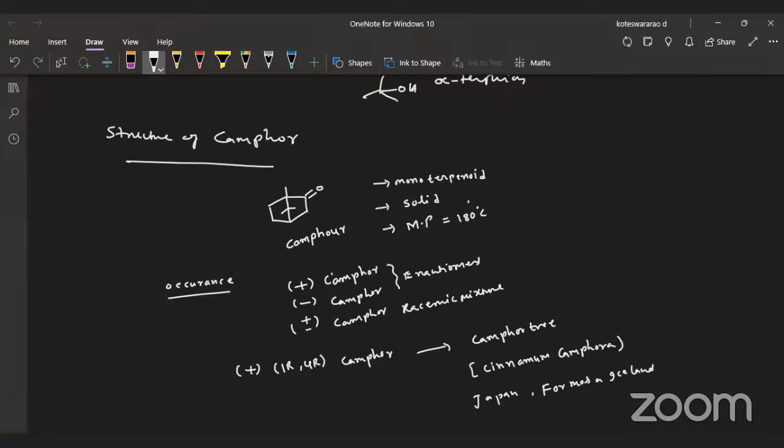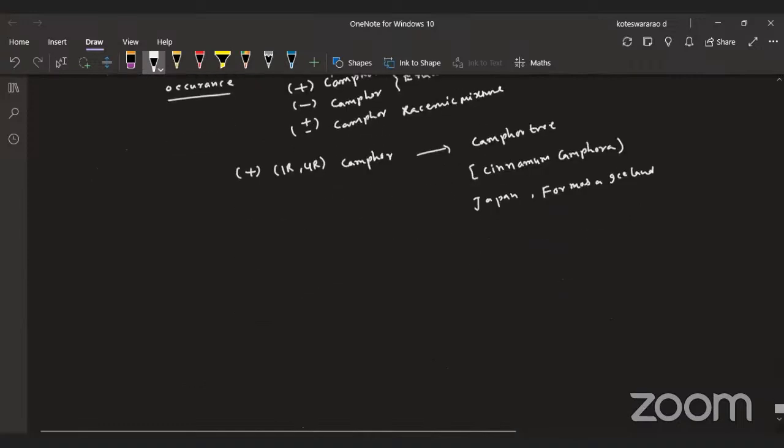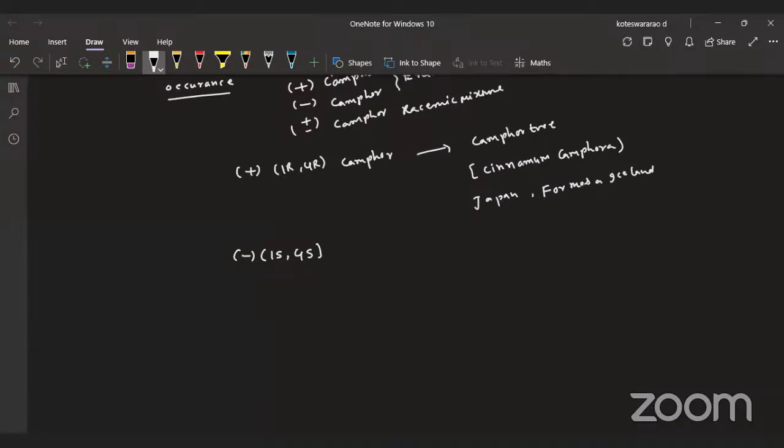Now, when you come to the minus isomer, it is minus camphor. It is the exact reverse because it is the enantiomer of the above one. It is 1S, 4S camphor.